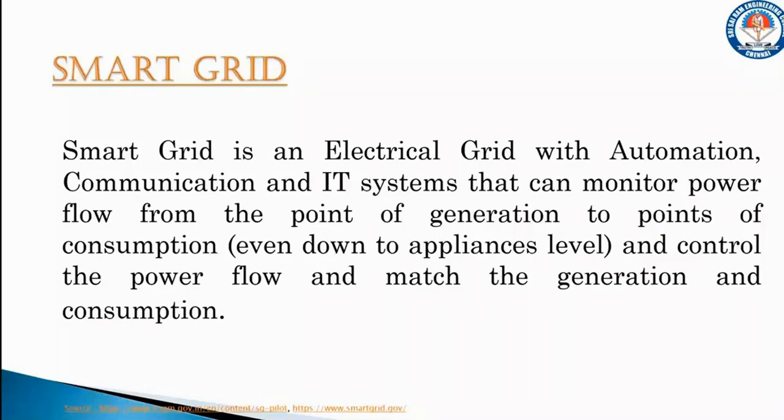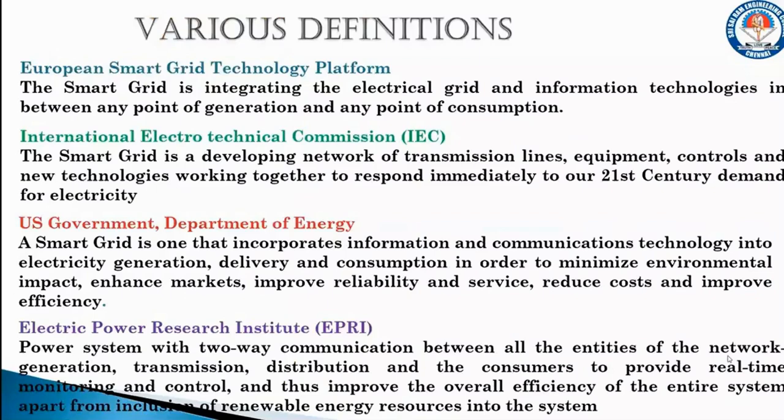In the next slides, we'll be seeing the various definitions that are available for the smart grid. In the first definition, by the European Smart Grid Technology Platform, the smart grid is the integration of electrical and information technology between generation and consumption. By the International Electrotechnical Commission, it is a network of various equipment and technologies that work together to meet the 21st century electricity demand.